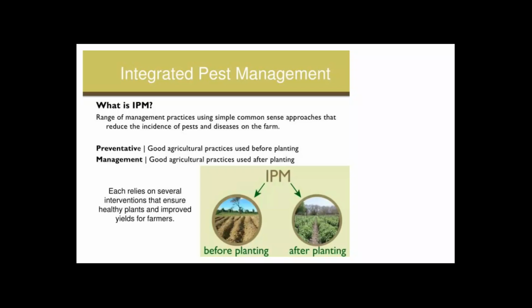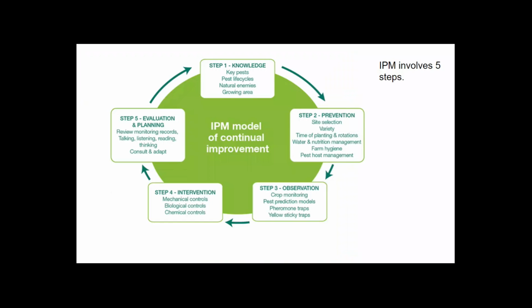Each relies on several interventions that ensure healthy plants and improved yields for farmers. It involves both before planting and after planting practices, and it involves 5 steps.